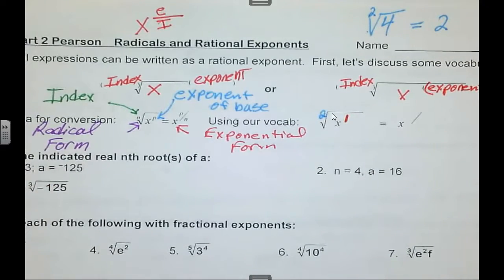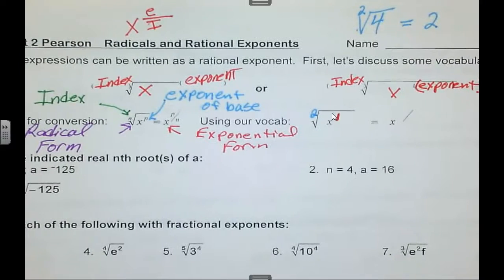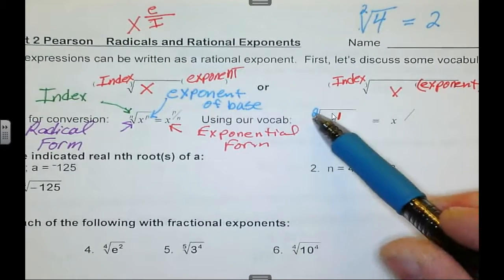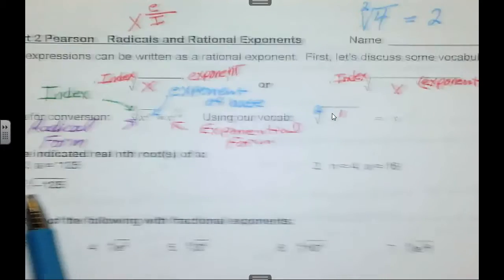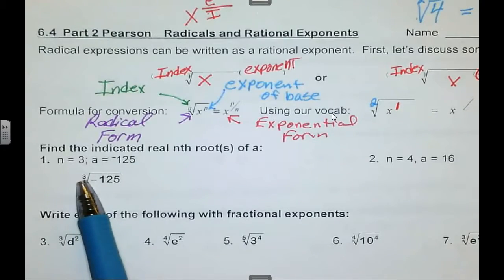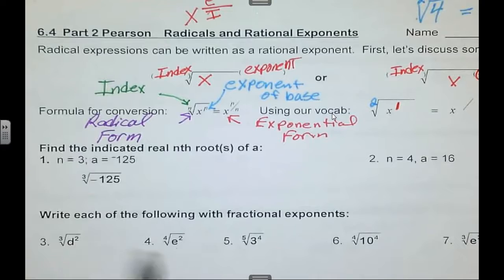Okay? We normally don't put the 2 there. The index is the root. So this is square root. This is going to be cube root. This is the 4th root, the 5th root, so on and so forth.